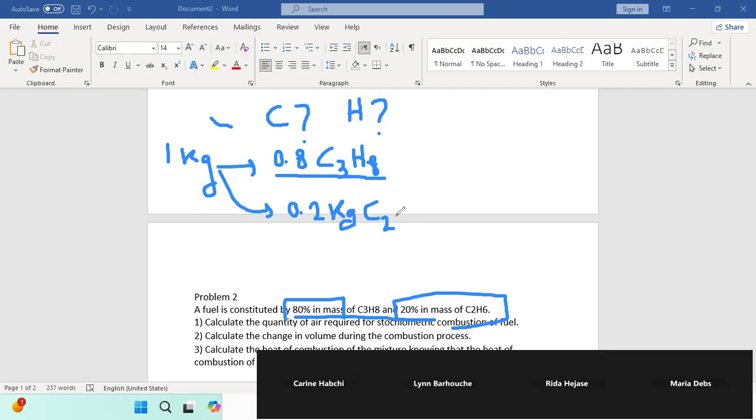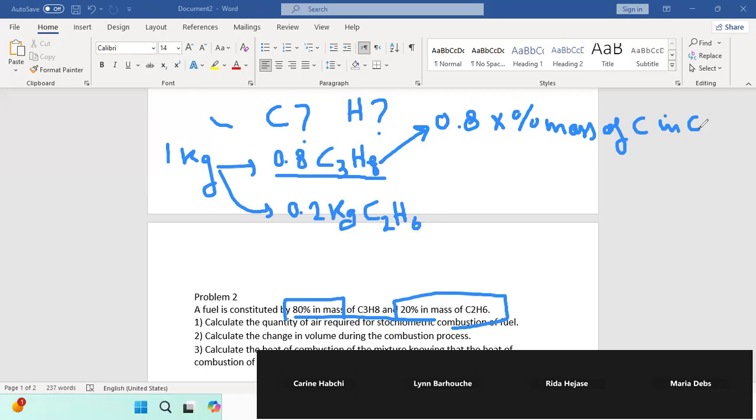Now, in order to know the mass of carbon in this 0.8 kilogram of C3H8, what should we do? We should find the percentage in mass of carbon in C3H8. C3H8 contains carbon and hydrogen, but to determine the mass of carbon contained, we should do 0.8 times the percentage in mass of carbon in C3H8.